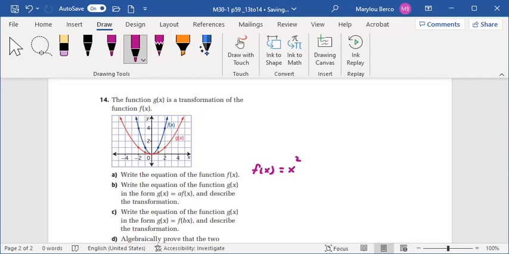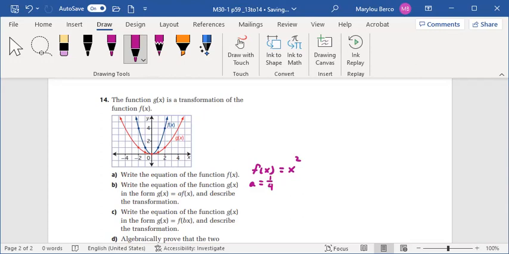So if we take a look at the corresponding points of f of x to g of x, we can see that a is equal to 1/4. This is 1 for my y point, and here is 1/4. Here is 4, and the y image is 1.